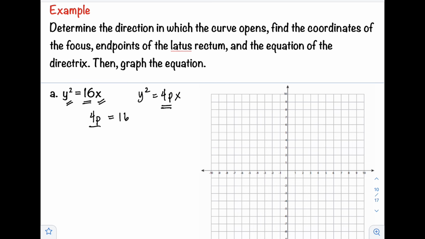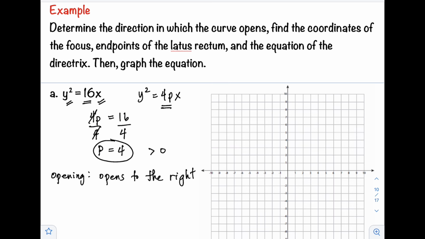Then, solving 4p, so just divide both sides of the equation by 4. So, ang p natin ngayon is equal to 4. Okay? So, since the value of P is greater than 0, meaning ang opening ng ating parabola is opens to the right.